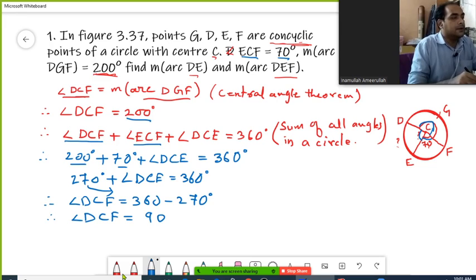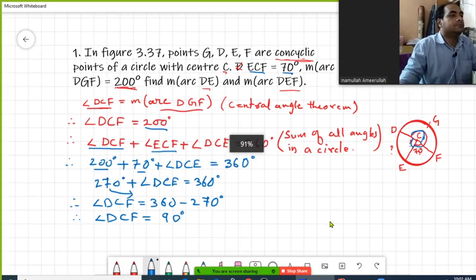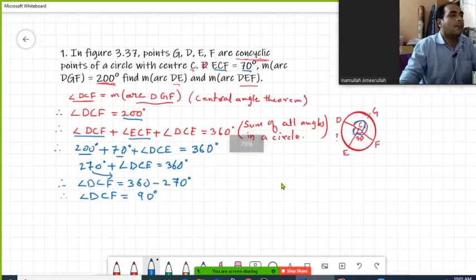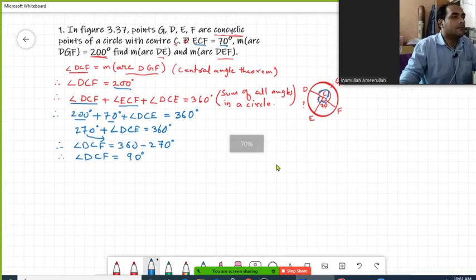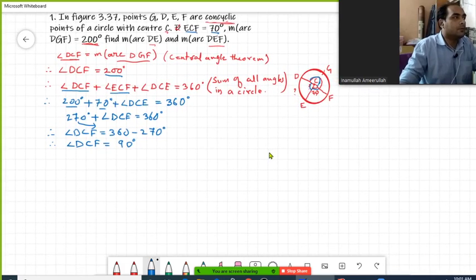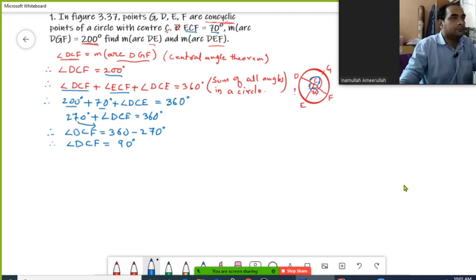So it is 90 degrees. Angle DCE is 90 degrees.